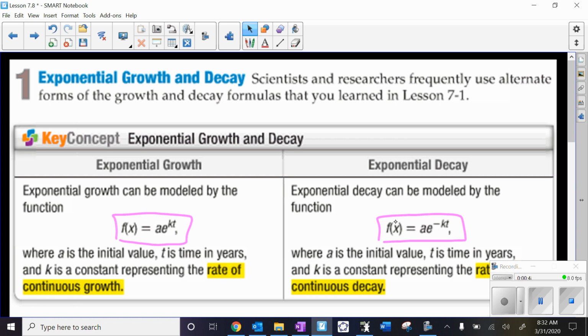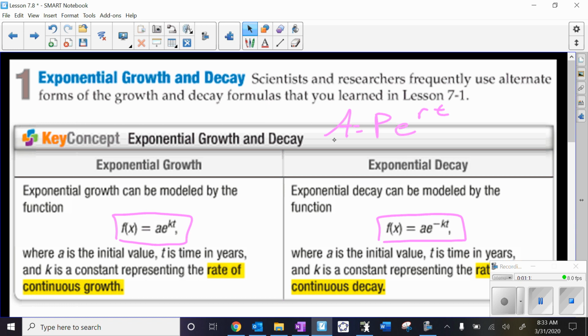We talked about compounding continuous interest, and that formula looked like A equaling something like this, where P was our initial value, E was just a number, our base, R was our rate, and T was time.